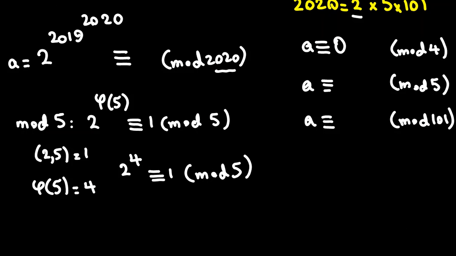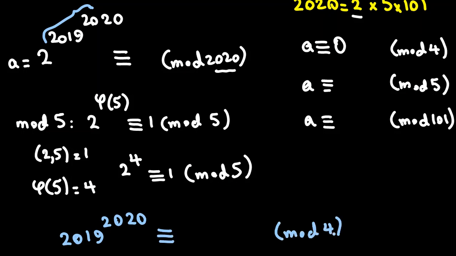So if I find the remainder of the exponent when divided by 4, then I can find the remainder of this number A when divided by 5. So I should find 2019 to the power of 2020 mod 4, and in the rest you will understand why we've calculated mod 4. 2019 is -1 mod 4, and -1 to the power of 2020 is 1.